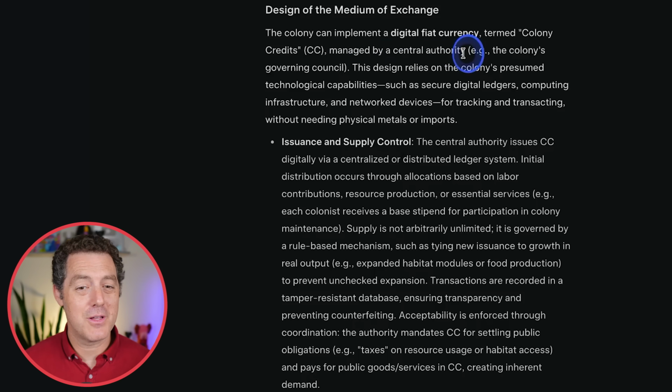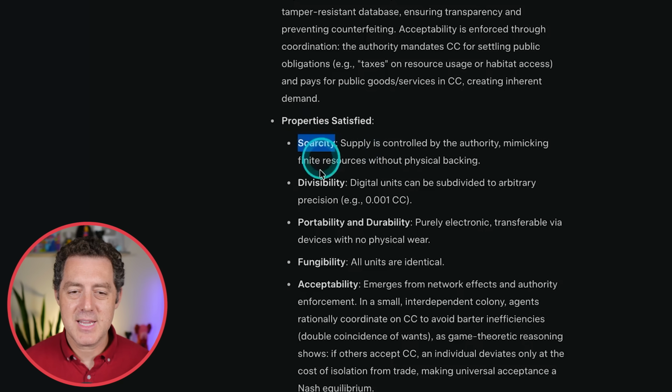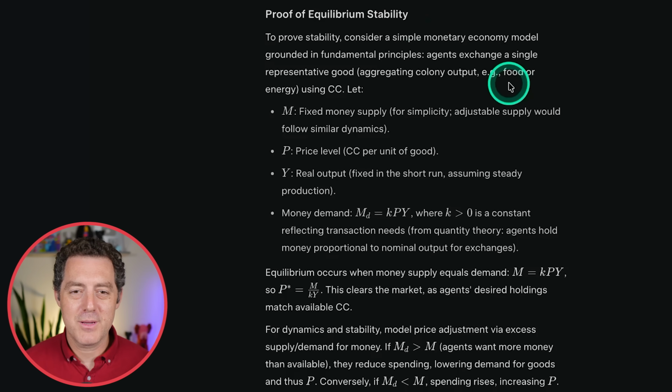Managed by a central authority, well, maybe not so much, the colony's governing council. This design relies on the colony's presumed technological capabilities such as secure digital ledgers, computing infrastructure, and networked devices for tracking and transaction without needing physical metals or imports. So issuance and supply control, properties satisfied: scarcity, divisibility, portability and durability, fungibility, and acceptability. So proof of equilibrium stability.